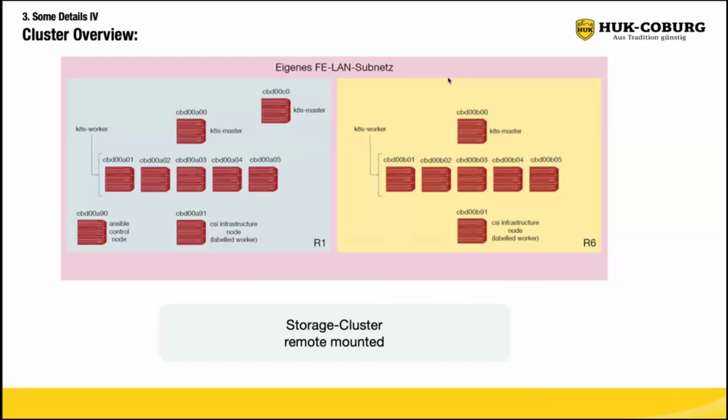All these worker and infrastructure nodes are established through a remote cluster mount implementation from the other cluster that we use to share these file systems with this Kubernetes cluster. Next one.